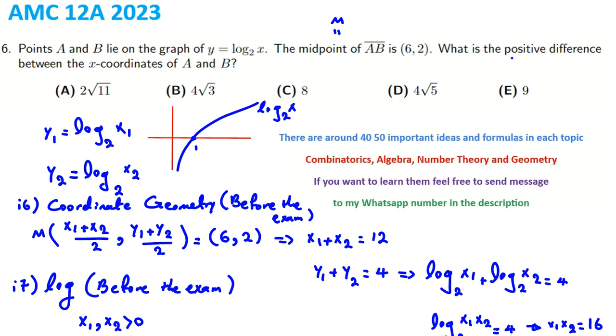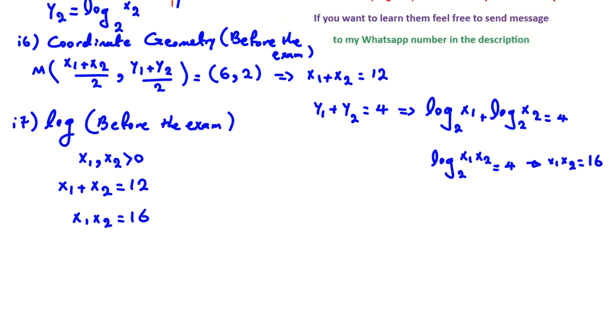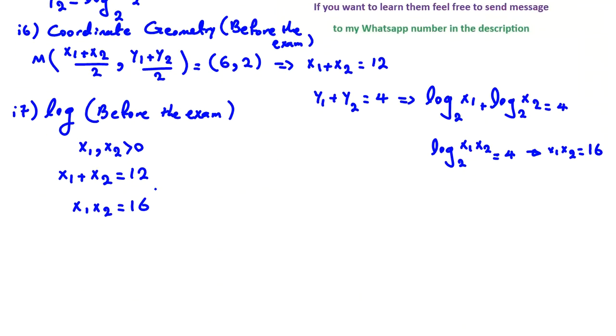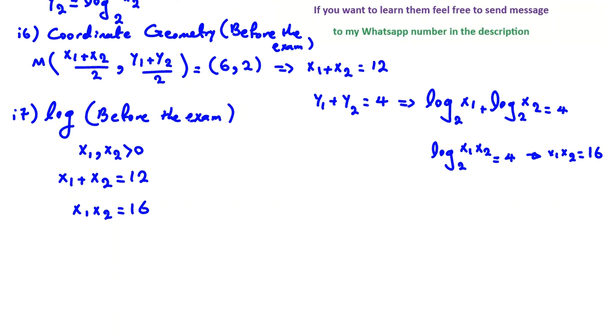Now here it says, what's the positive difference between the x coordinates of A and B? x1 minus x2. Here, two equations, two variables, we can use a lot of ways. We can use the quadratic formula, or the easiest way: we say x2 is 12 minus x1.